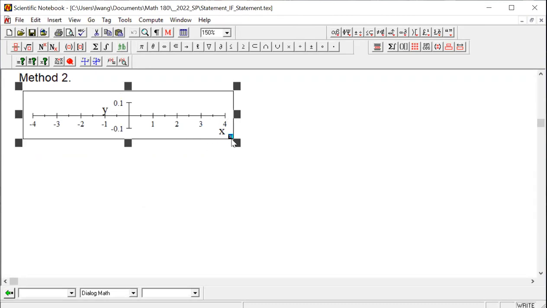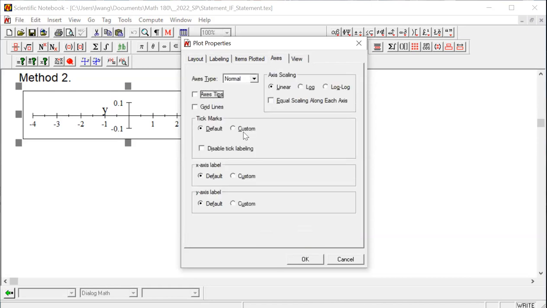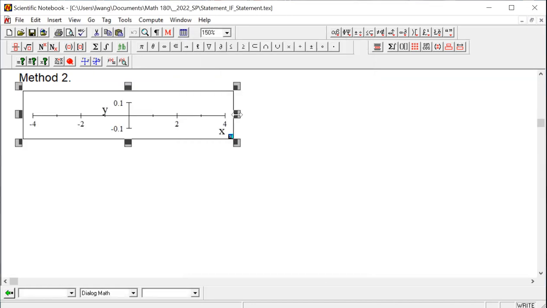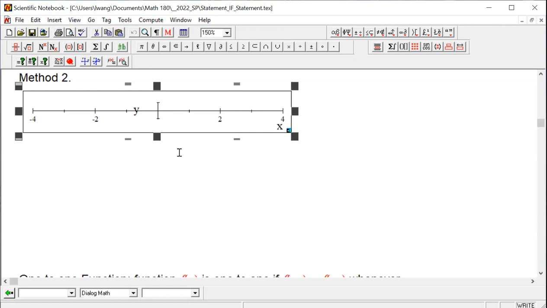I'm doing it this way because sometimes I use two different software and they don't talk to each other, so this is better. I wish I could remove this Y here, but I cannot, so just ignore it.